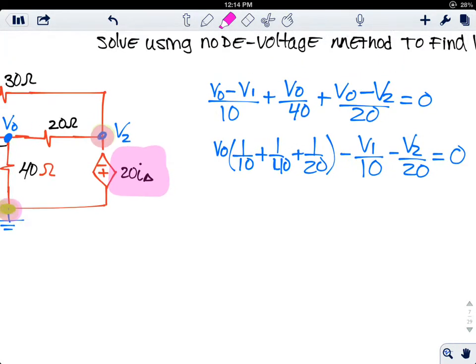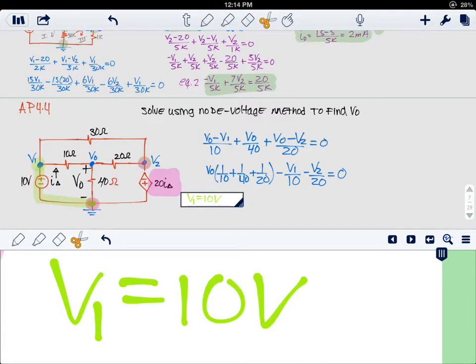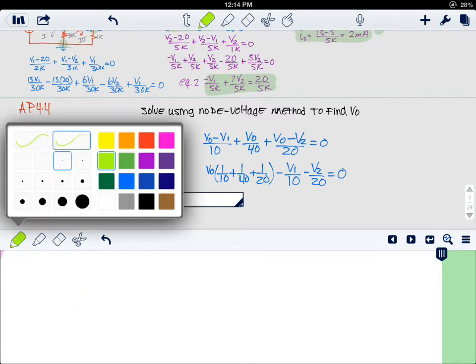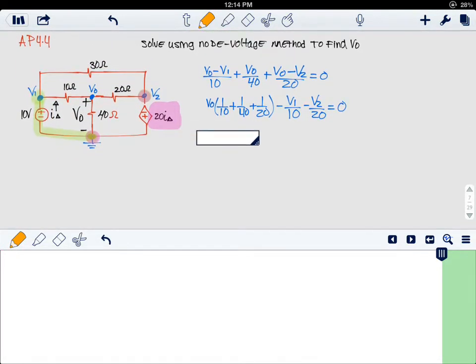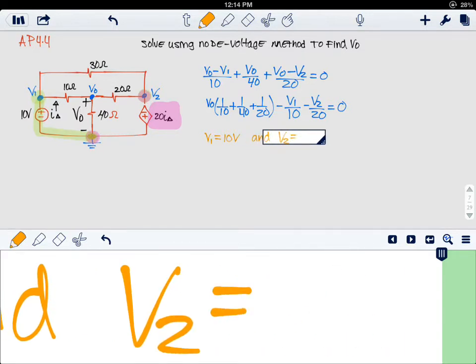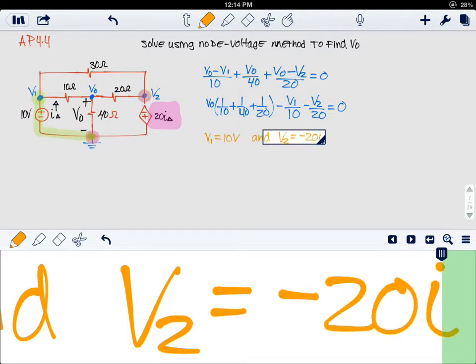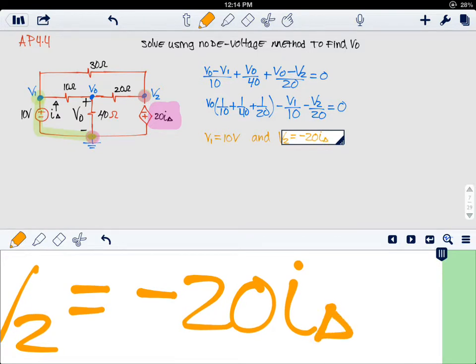So we could write that V1 is equal to 10 volts and V2 is equal to negative 20 I delta.